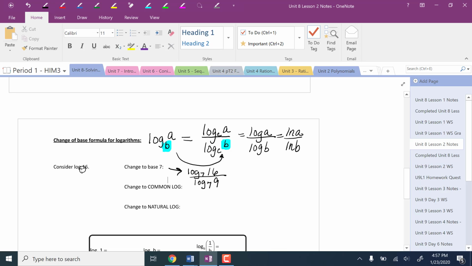If we want to change it using a common log, then we would write log base 10, or common log, of 16 over the common log of 9. And if we wanted to use our base E, we would take our natural log of 16 divided by the natural log of 9.